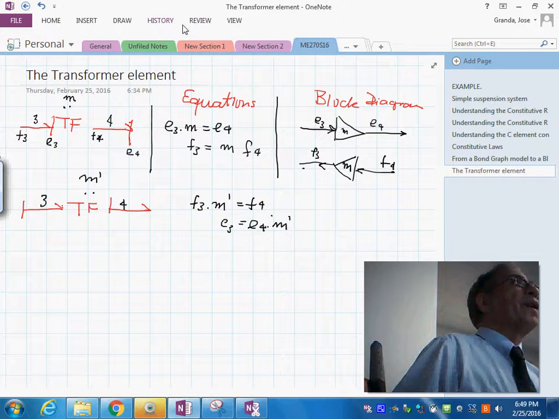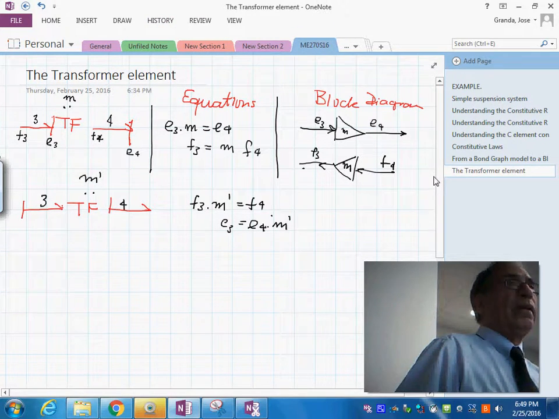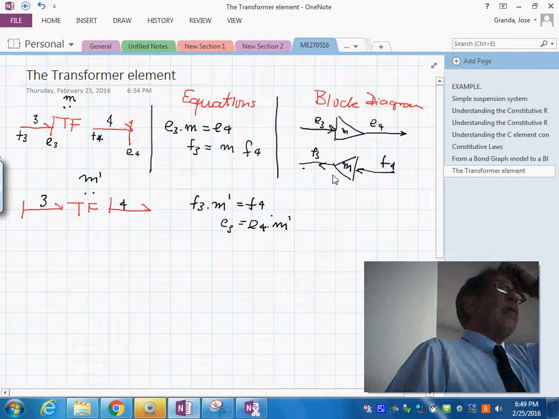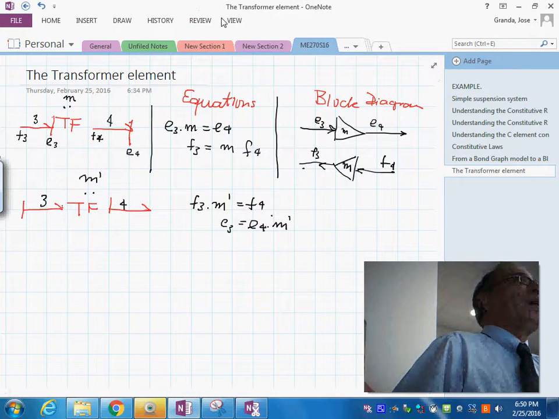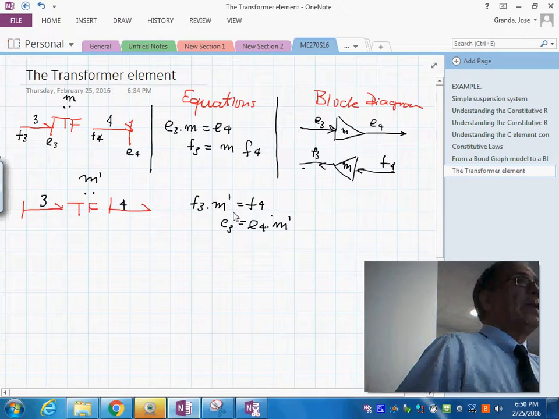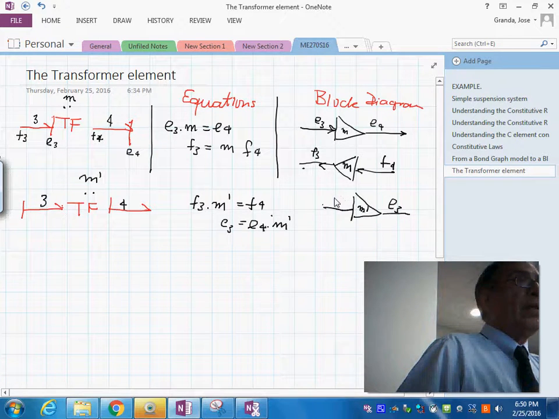See here, you know that the effort in here is E sub 3, you have M prime, and then this is E sub 3, this is E sub 4, and then you have F sub 4 and you have F sub 3.